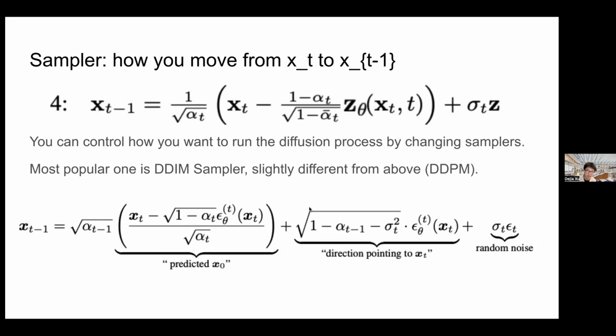First, the first step is predicting x0. Given an xt, it first estimates the noise from this noisy image. Then using these two, we can obtain an estimate of our x0. So we can roughly guess what our clean image should look like. And then we are pointing back towards xt.